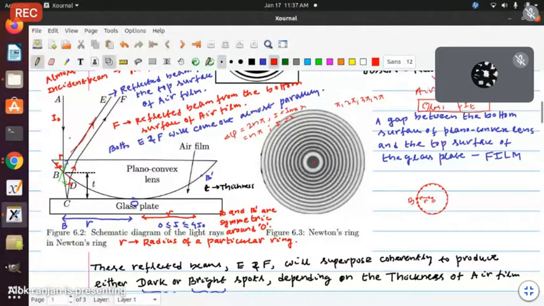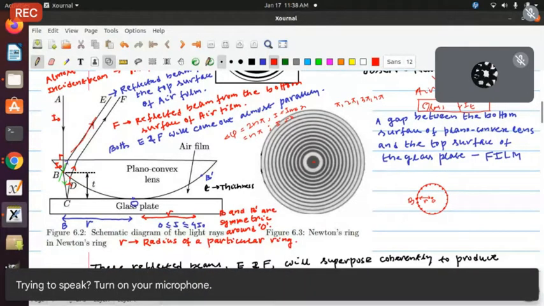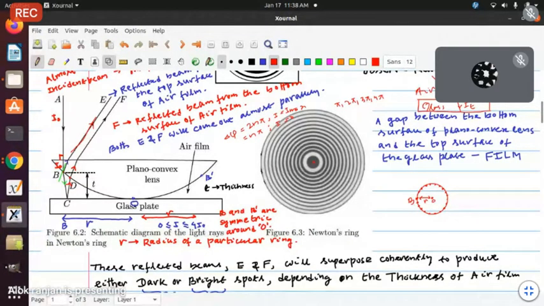So if you look here, we have I naught, the intensity. The intensity is not the wavelength or frequency; it is the amplitude that is related to the intensity, one of the parameters. And as I said, this air film is symmetric around the point of contact, around its center.